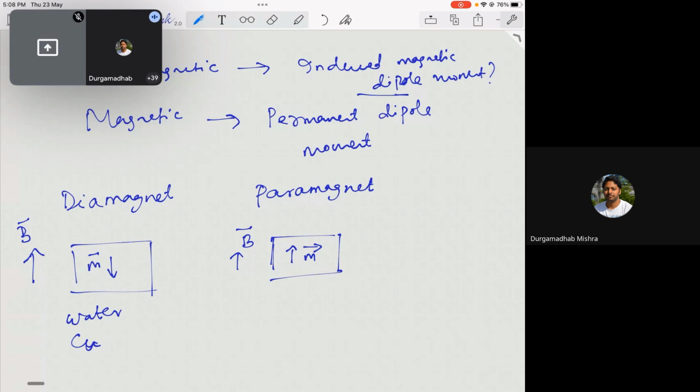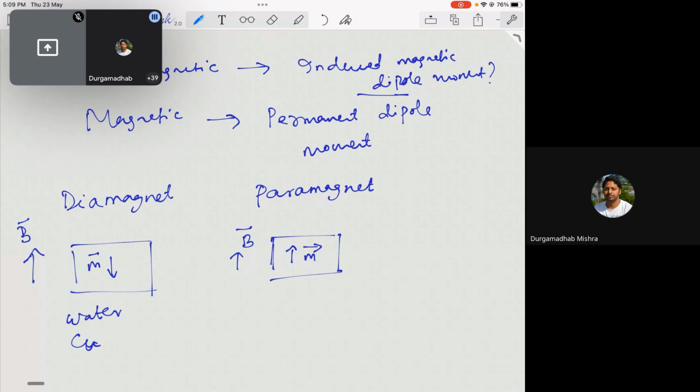So the question now is, why do these materials behave like that? What we will use mostly is a classical understanding of this.